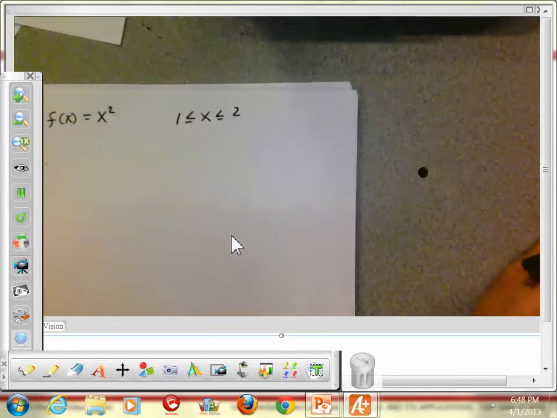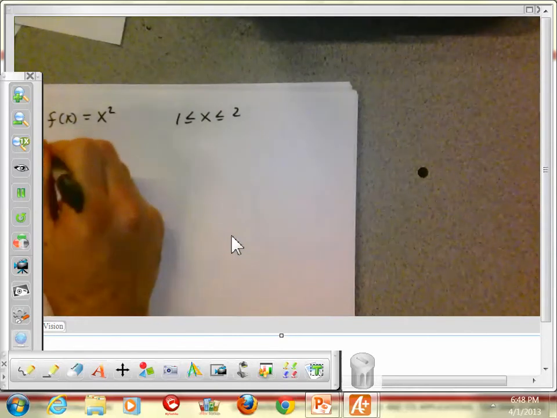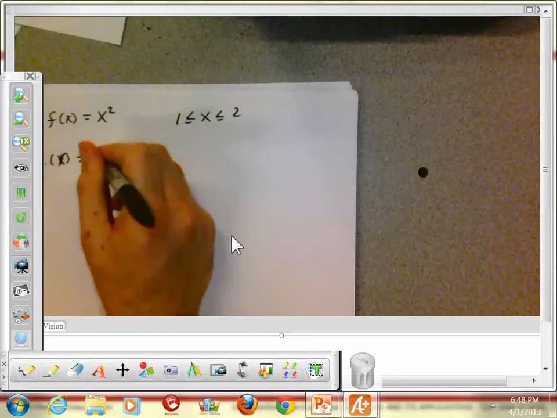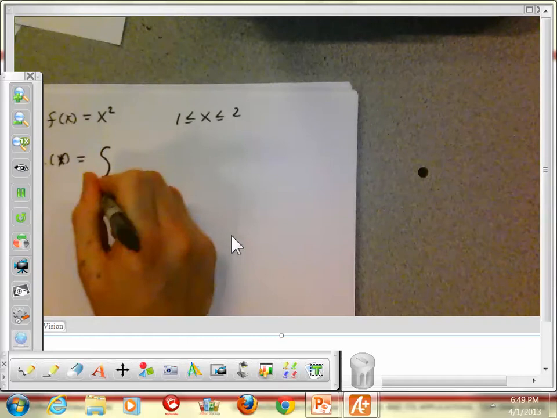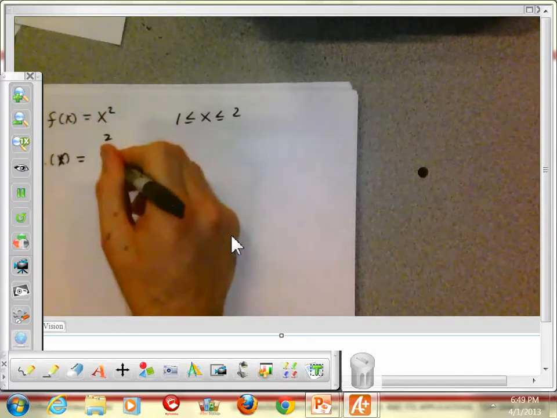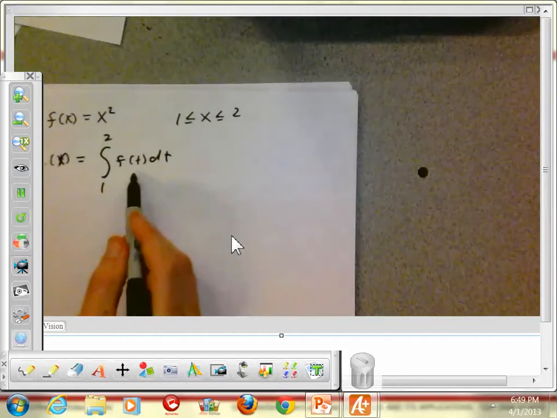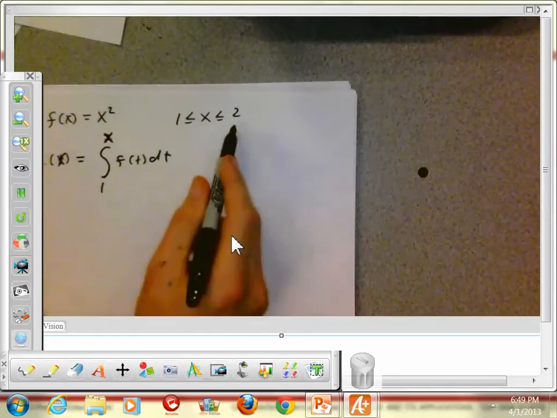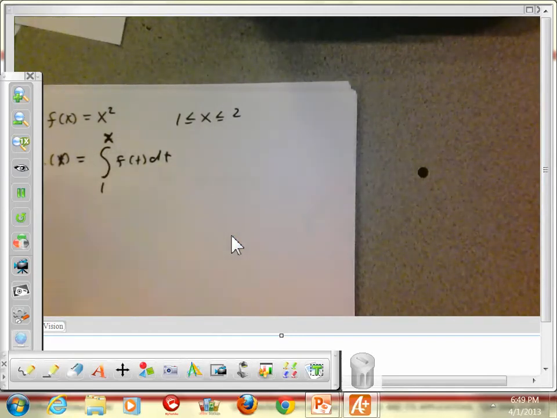So A of x is going to be equal to the integral from 1 to x of f of t dt, where x is less than 2. I put an x here and a t here so I don't get my variables switched up.